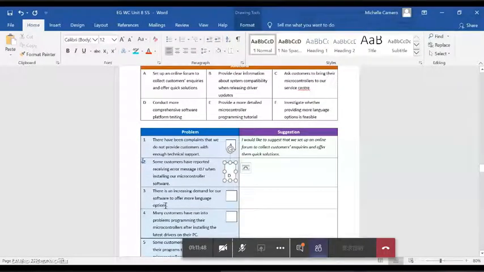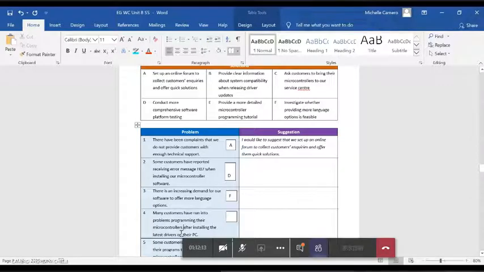All right, number 3, there's an increased demand for our software to offer more language options. What would be the possible answer for number 3? All right, if you said F, investigate whether providing more language options is feasible, you are correct.